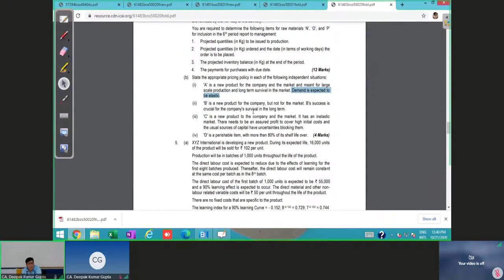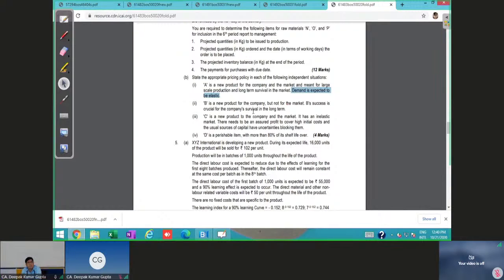Product B is new for the company but not for the market. It means the product already exists in the market. Then we have no choice other than to follow the market price or sell the product below the market price. Regarding product C, C is a new product and demand is inelastic.